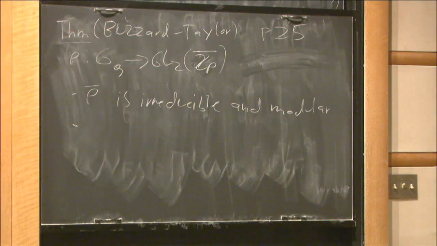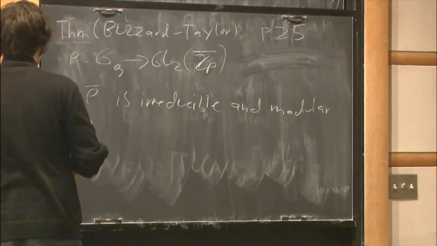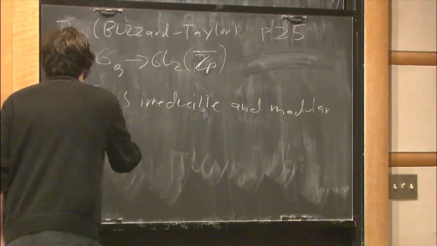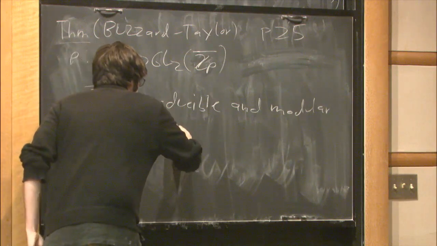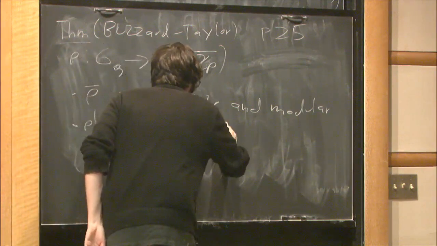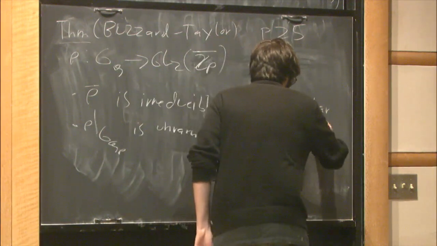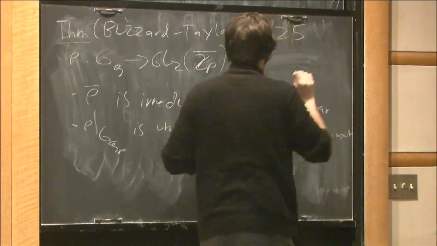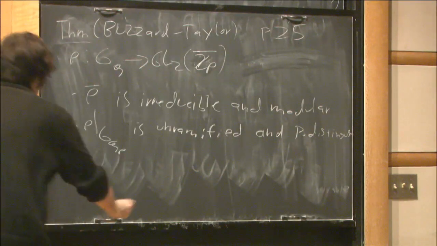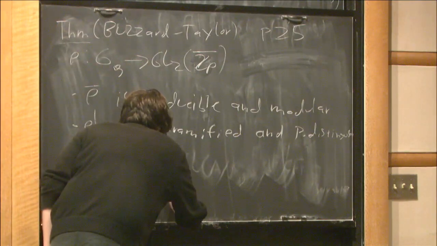We also assume a condition at p, namely that rho restricted to G_{Q_p} is unramified and p-distinguished. All I mean by that is that it's unramified with Frobenius having distinct eigenvalues.